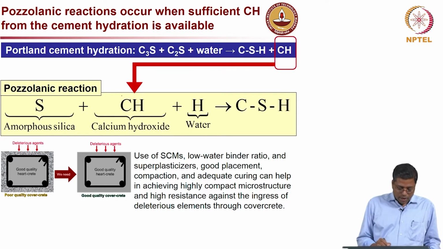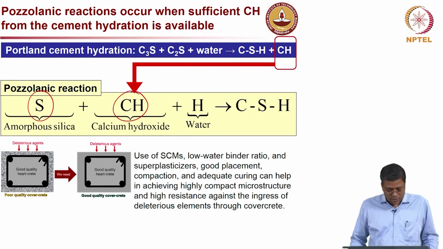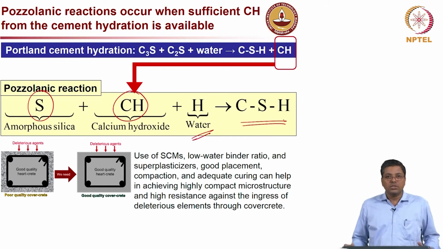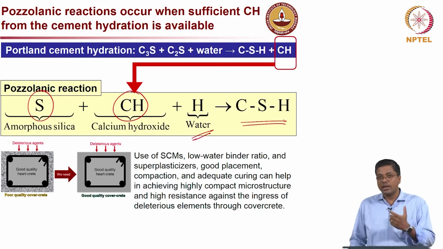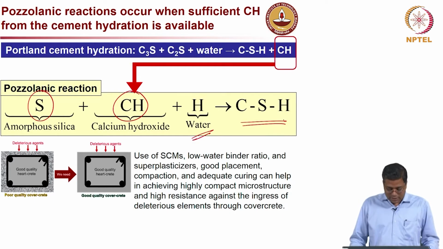This calcium hydroxide reacts with the amorphous silica present in the SCM, and when there is sufficient water or moisture, it forms more CSH. The CSH forms by consuming calcium hydroxide. So, the space which was occupied by calcium hydroxide is now going to be occupied by CSH.